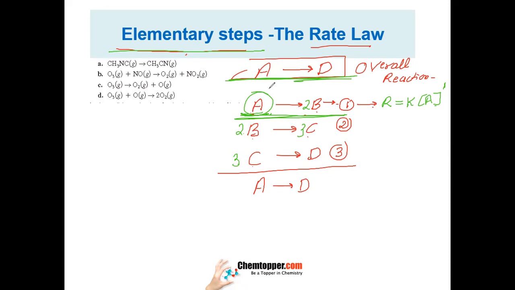I need experimental data to determine the order. But for elementary steps, you can. Now, what's the rate law for the second one? Rate equals k times concentration of B raised to power 2. See, B is 2 here, that's why. What's the rate law for the third elementary step, Azuni? Can you type it?